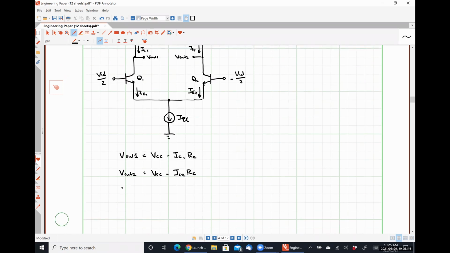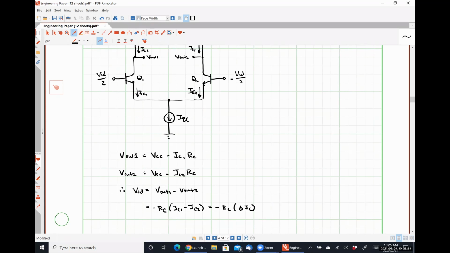And from this, our differential output voltage, VOD, is V out 1 minus V out 2, which is going to simplify to negative RC multiplied by IC1 minus IC2. And I'm going to call that delta IC. It's simply the difference of our collector currents.